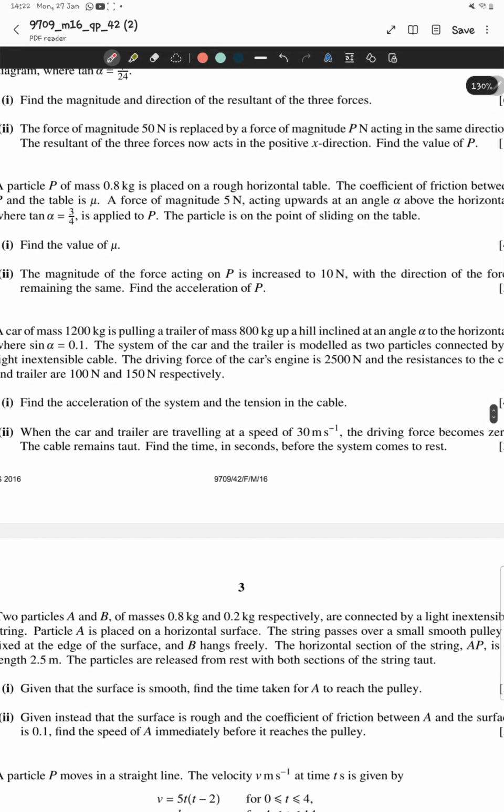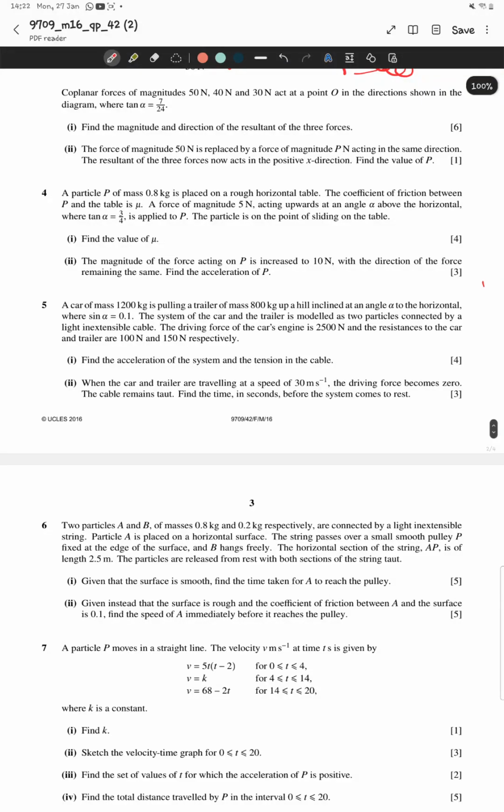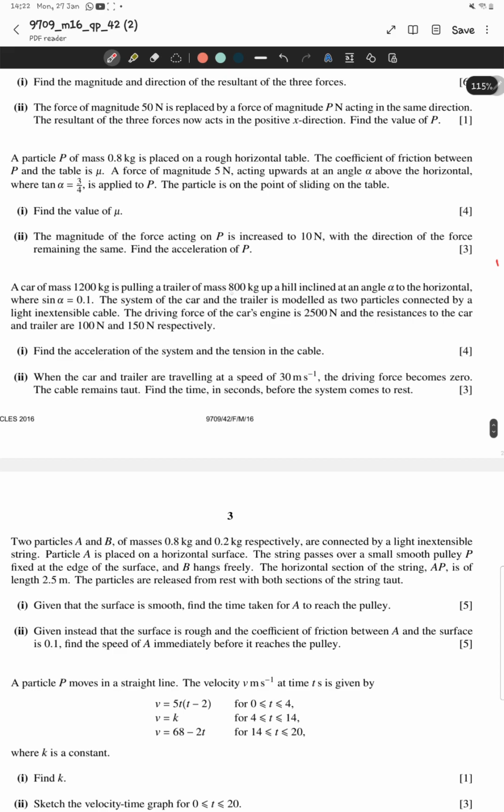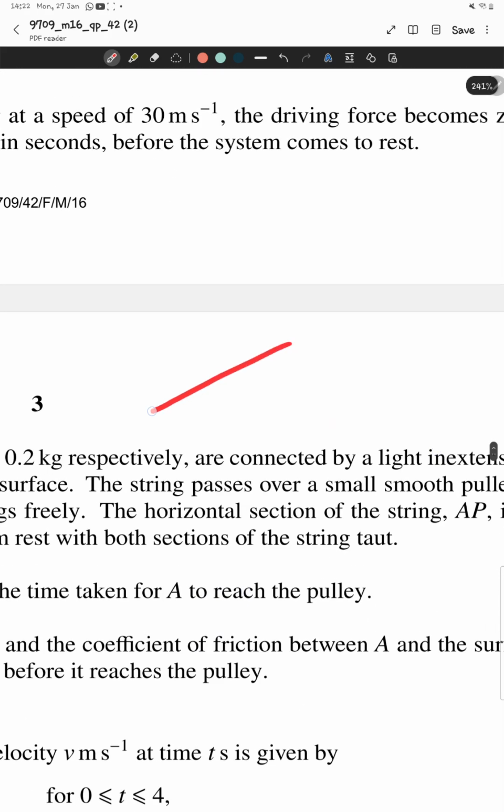Now, this fifth question. A car of mass 1,200 kilograms is pulling a trailer of mass 800 kilograms up a hill inclined at an angle theta. All right, so it's like this.